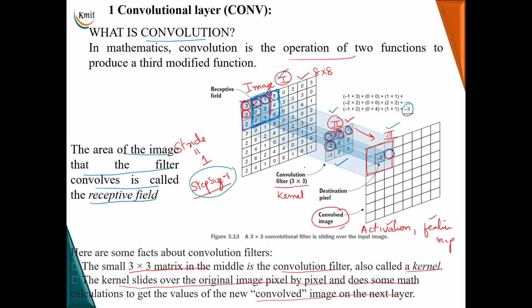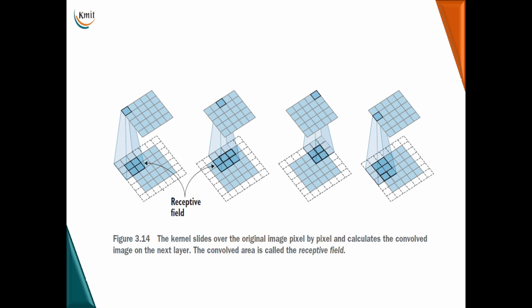This will be my next receptive field and so on. So the area of the image that the filter convolves is called the receptive field. So this is the example. These are the receptive fields where the filter will convolve onto the image, sliding one step after the other to generate the output.